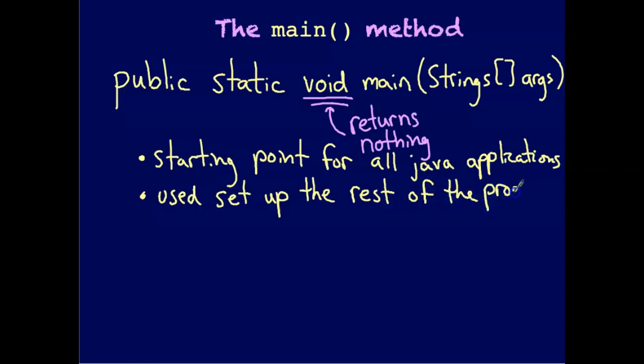It's typically pretty short because it just sets things up and allows the program then to interact with the user and with the other portions of the program that have been created. And all I mean by short is that it generally doesn't do a whole lot in an actual Java application other than get things up and running, creating variables and all that kind of stuff.